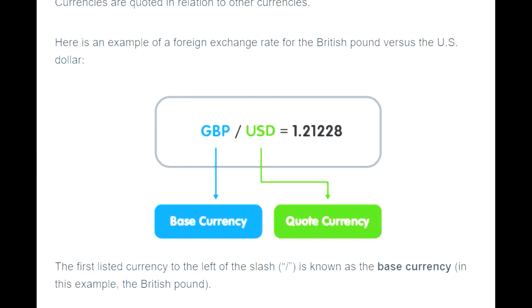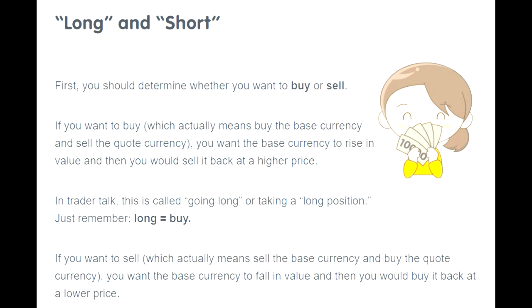For example, this currency pair simply means that one British pound is equivalent to 1.2122228 US dollars.